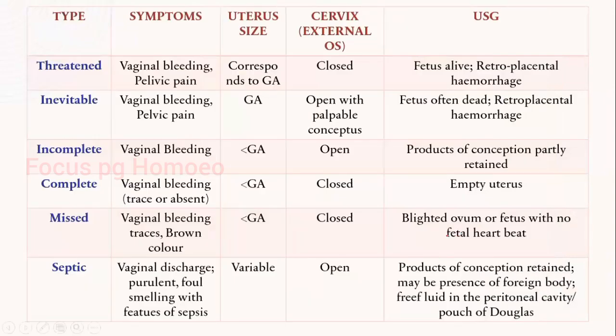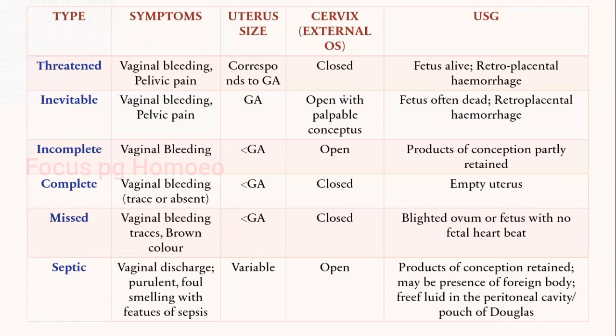Now, here we are seeing the types I told you. Around 6 types are commonly there. And symptoms, uterus size. This is just to differentiate, and for exam perspective, because it is a frequently asked question from the abortion topic.